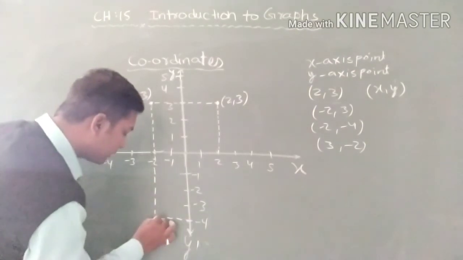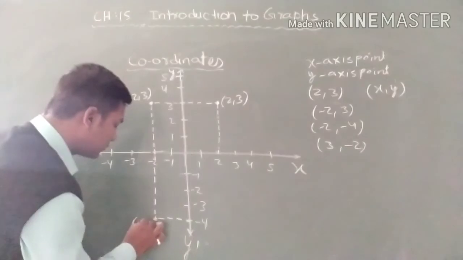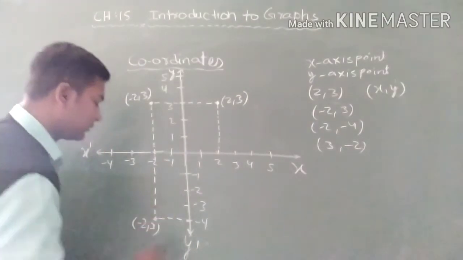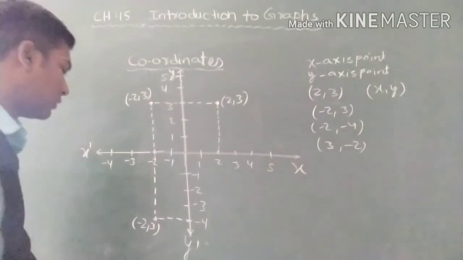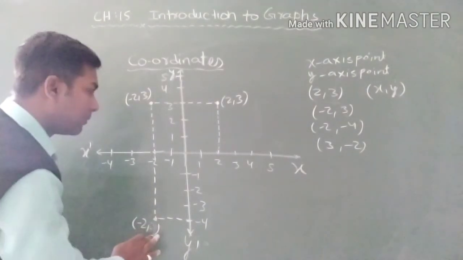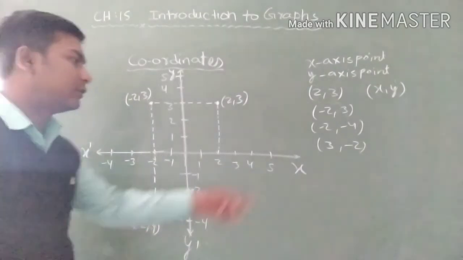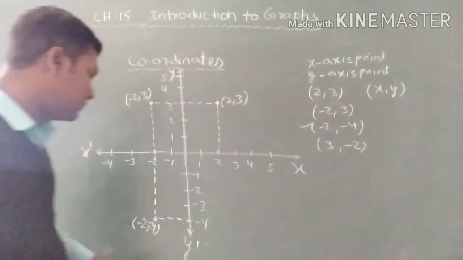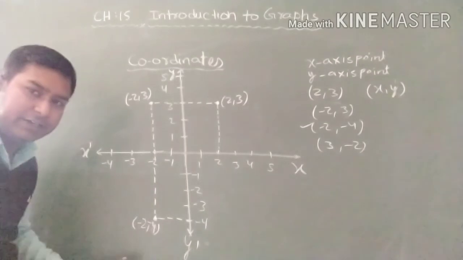So this point is known as (-2, -4). Okay. So this coordinate is shown here, and this is the point where this coordinate is located.